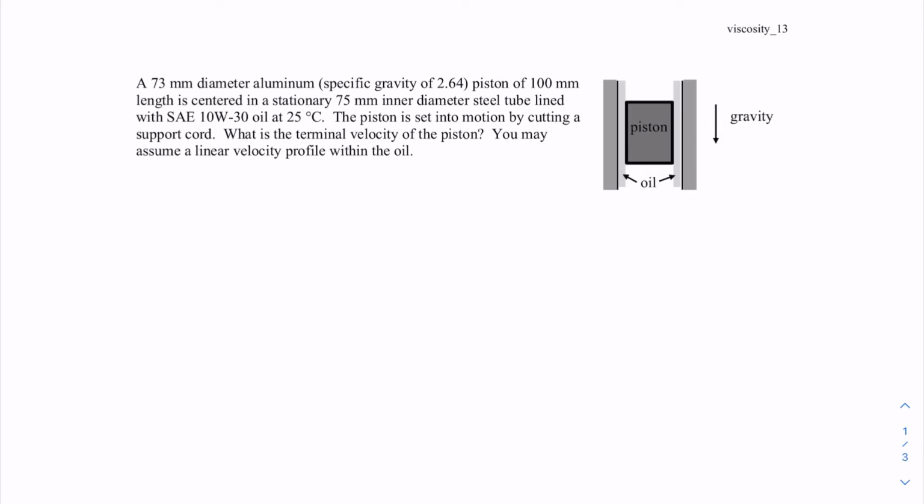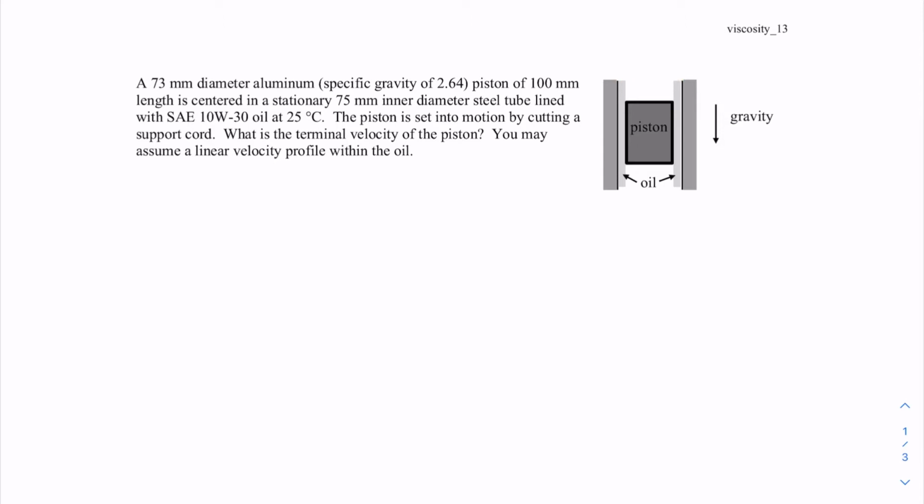Okay, in this problem, we are given that an aluminum piston of specific gravity 2.64 is moving down in a hollow steel tube, as shown here, with an inner diameter of 75 mm.